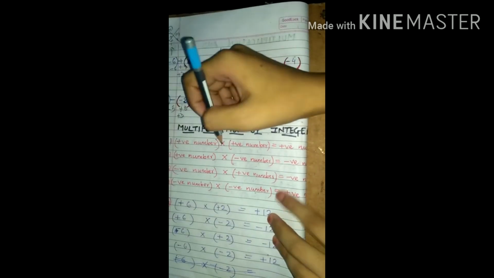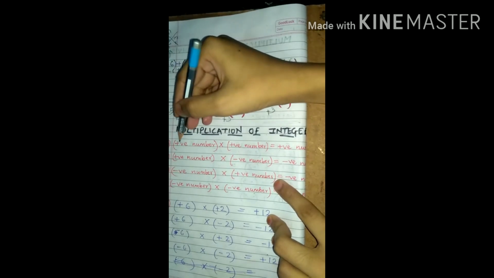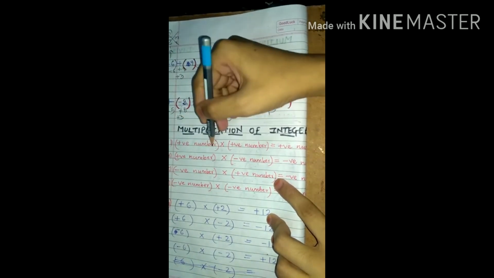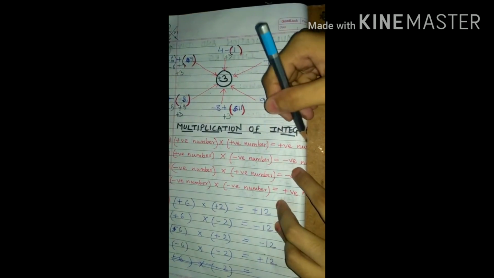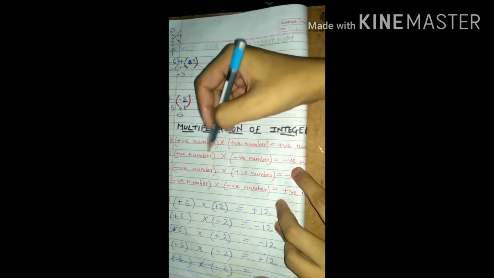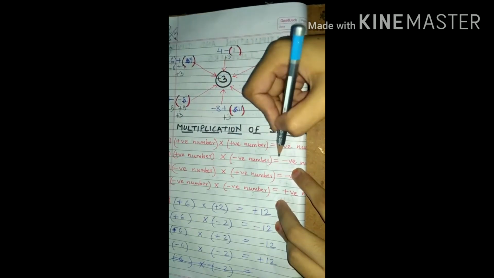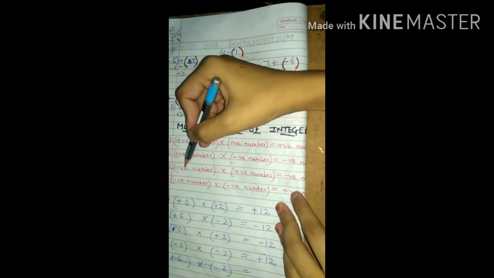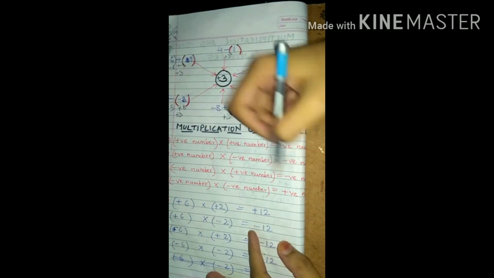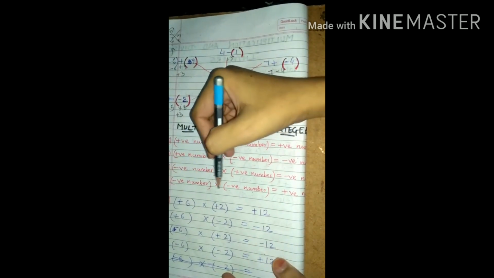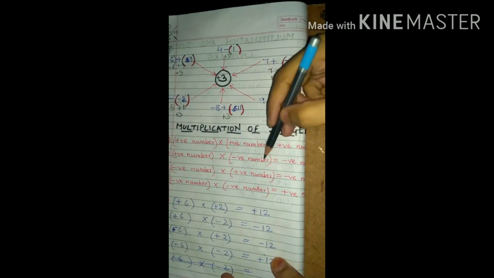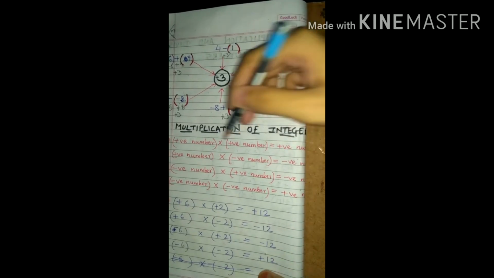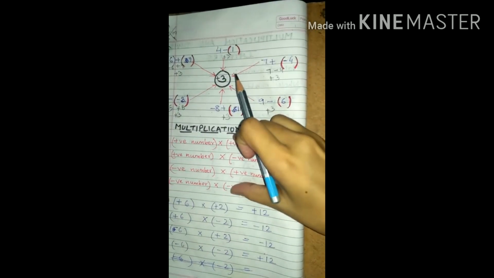So in this case also you have to remember that positive number into positive number will give me a positive number. Positive number into negative number will give me a negative number. Negative number into positive number will give me a negative number. Negative number into negative number will give me a positive number.